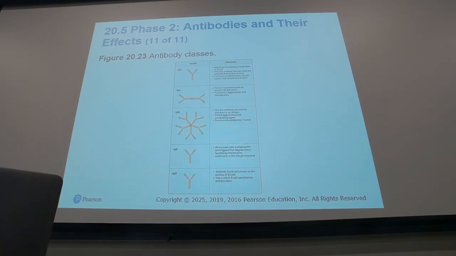So eosinophils and mastocytes are coated with IgE. So this is IgE. If two adjacent, two neighboring IgEs bind an antigen at the same time, if they're cross-bridged, you will release histamine. And that leads to an allergic reaction.